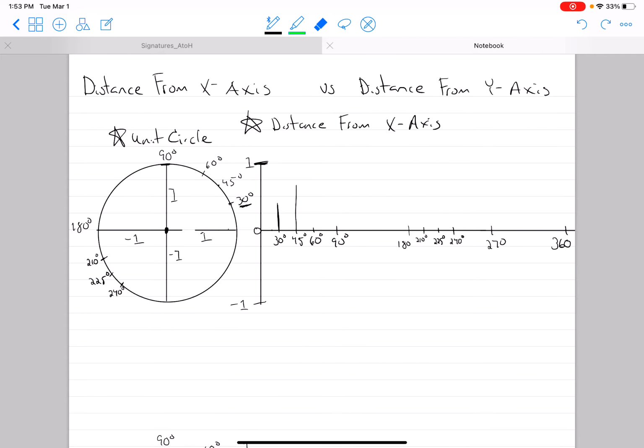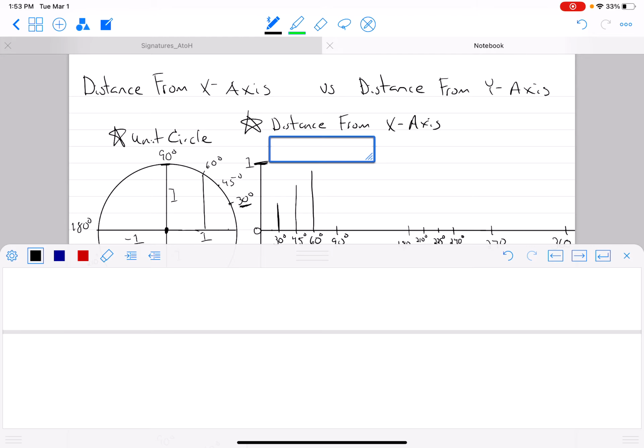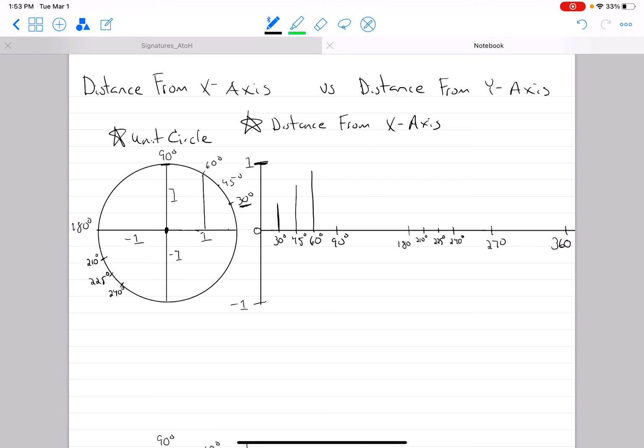So let's look at the 60 now. 60. The distance from the x-axis to there is that long. I'm going to draw that same size line. Boom, looks like it's about there. See how these line up? It's right around the same size, right? We're getting the same size line. And then finally I'm going to do the 90.